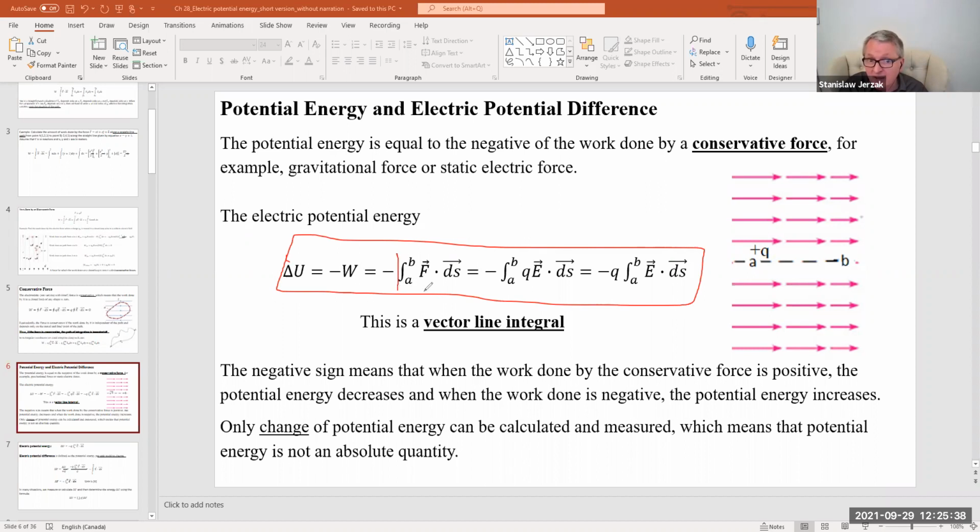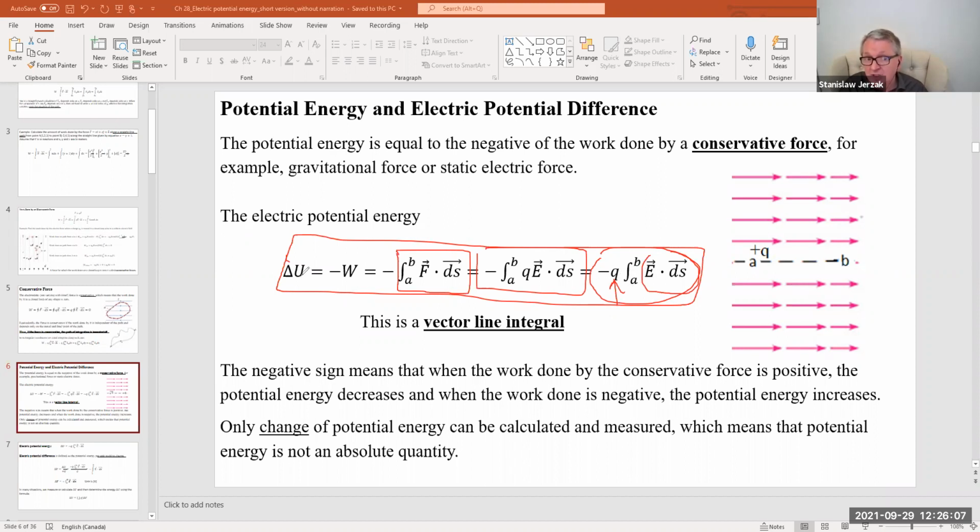But the work done by the electric force, as I've explained, is this: instead of F, you write Q times E. Q is constant, take it in front. That's how you calculate in general the change of electric potential energy when the charge Q moves in the electric field from point A to B. You have to evaluate this vector line integral, which in general is very complicated to calculate.